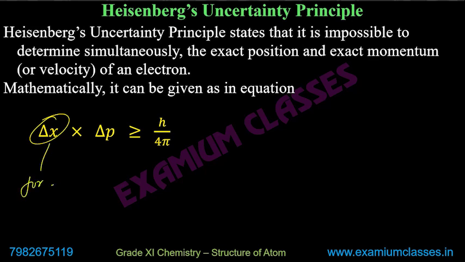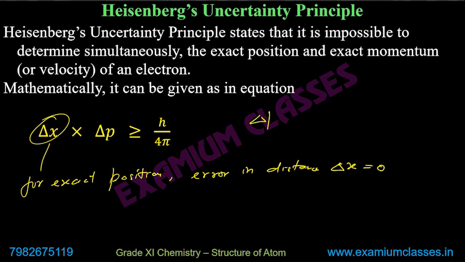For exact position, the change will be 0. The error in distance, that is delta x, will be 0. Only then will you be able to find the exact position, if the error is 0. And if it is 0, then delta p will be greater than or equal to h by 4 pi delta x.